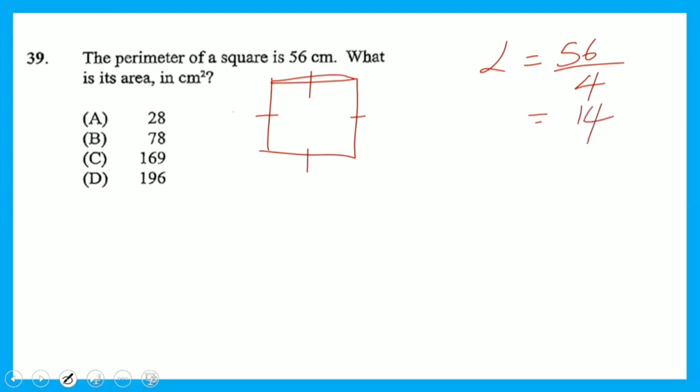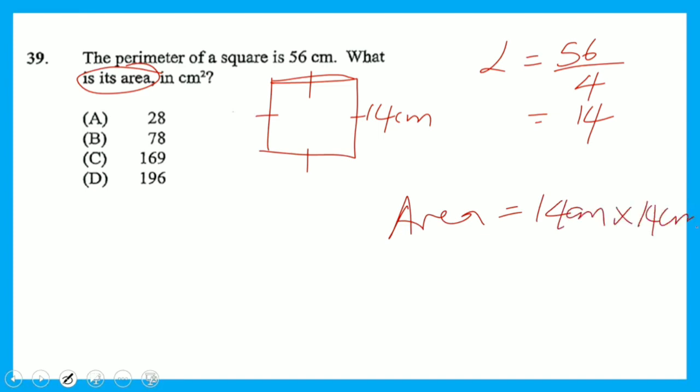That's going to be 14 centimeters. And that is what we must know before we can find area. So area of the square is going to be length times length, which is 14 centimeters times 14 centimeters, which will give us 196 centimeters squared.